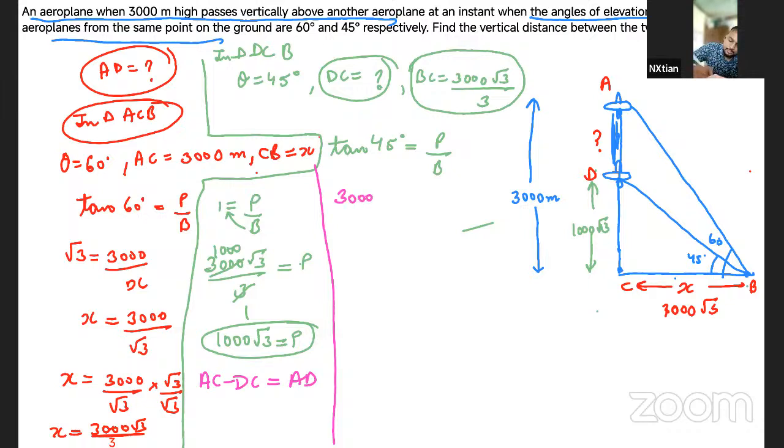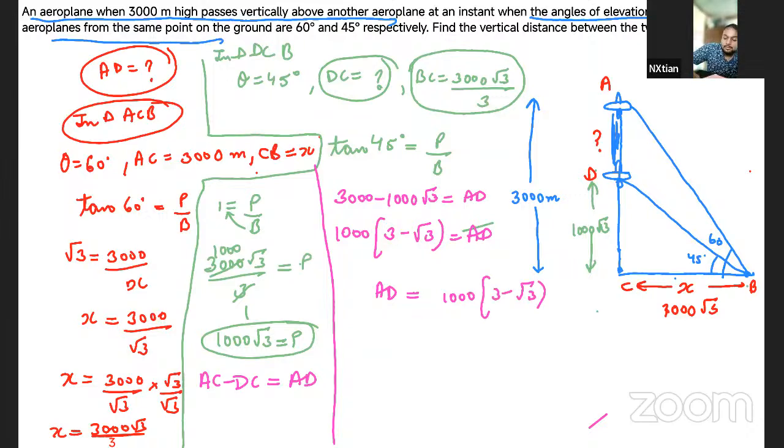AC is 3000. What is DC? DC is 1000 root 3. For AD, I will take out 1000 as common. So what will remain? 3 minus root 3. So the AD distance will be 1000 times (3 minus root 3).